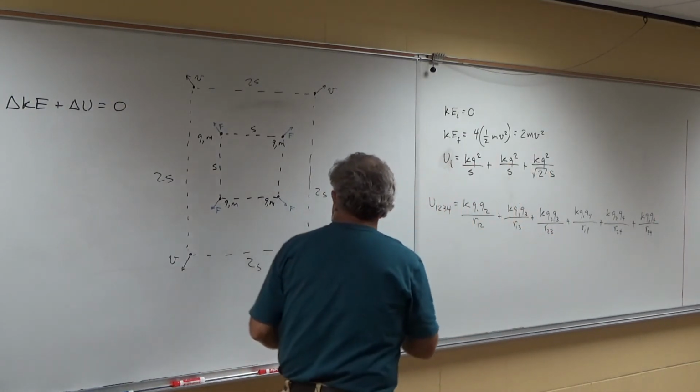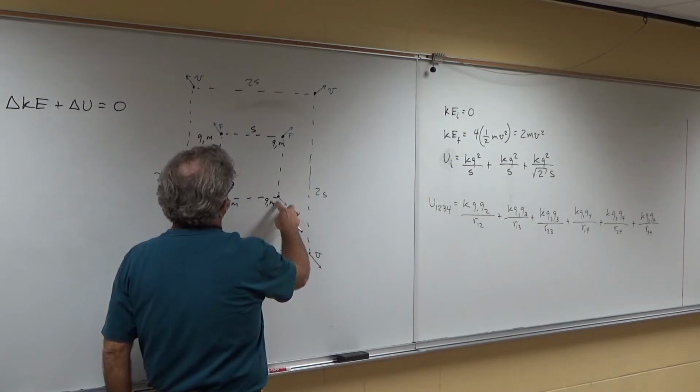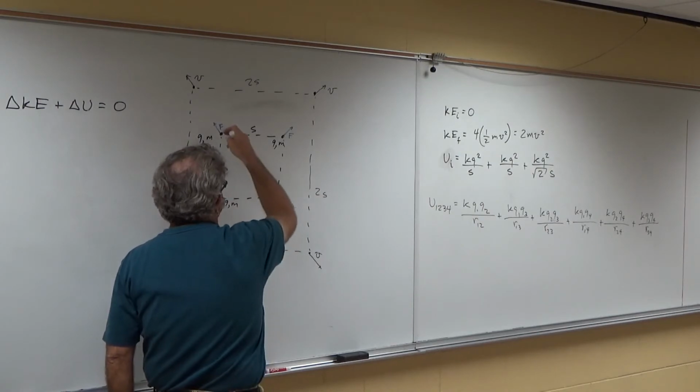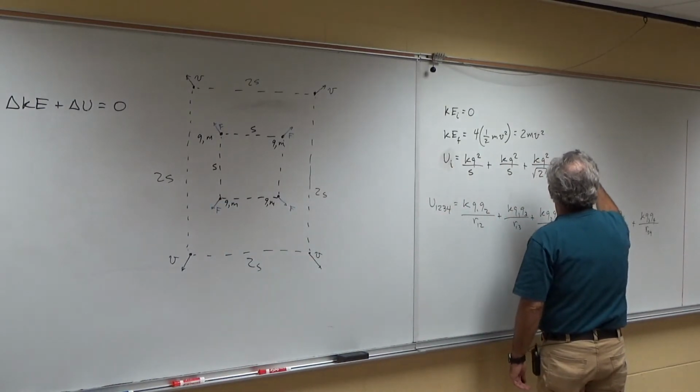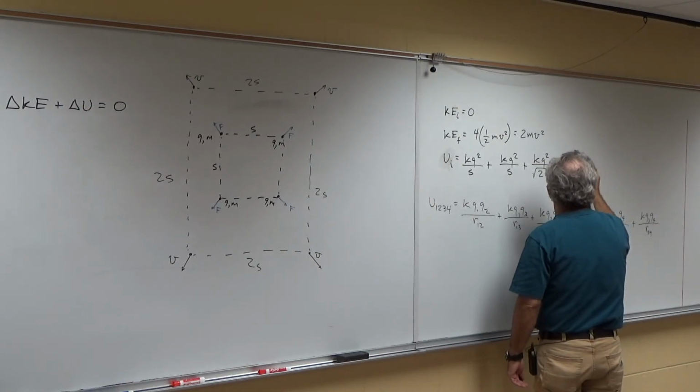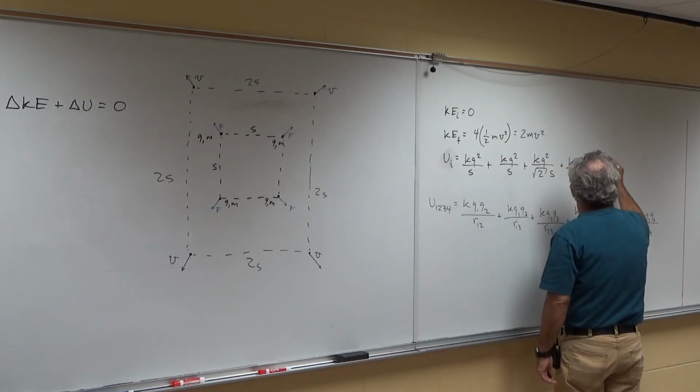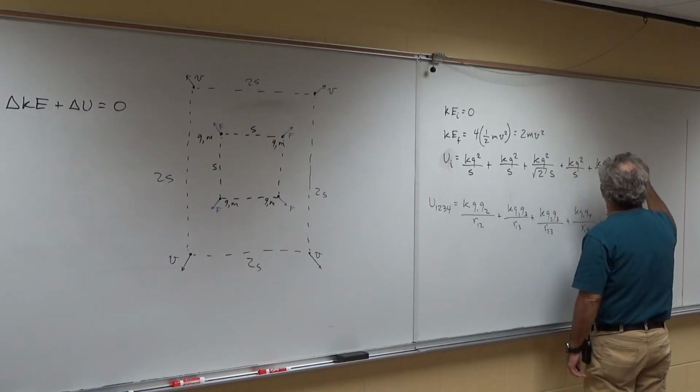And then when I added this charge, I got 2 terms, and then, yeah, so you get a plus kq squared over s plus kq squared over s plus kq squared over square root of 2s.